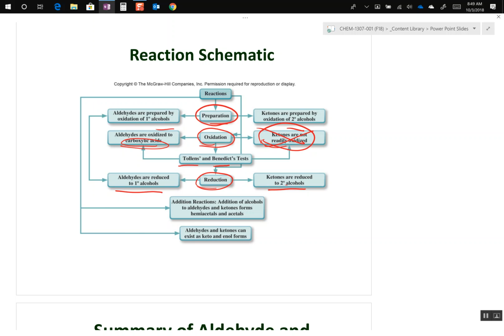Hemiacetal. You react it with two alcohols and you will form an acetal. So you'll form the hemiacetal and then the acetal if it's two alcohols. Aldehydes and ketones can exist in keto and enol forms.